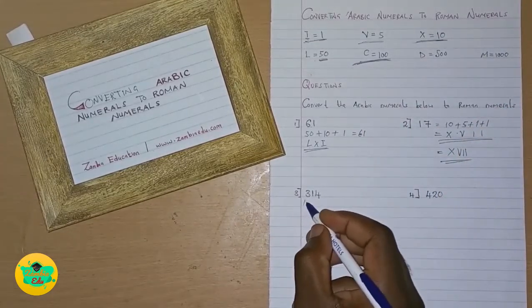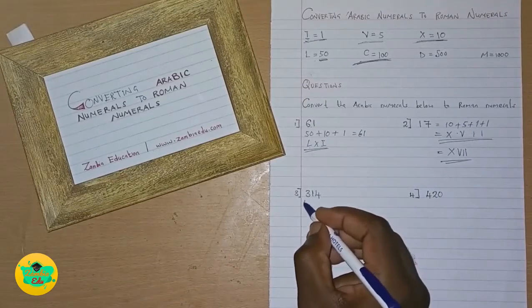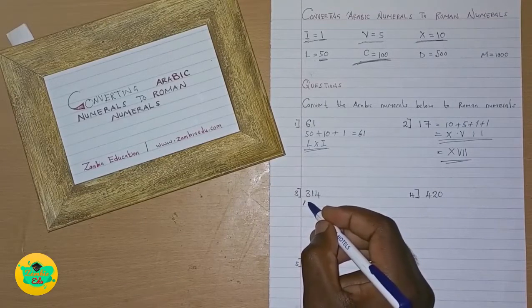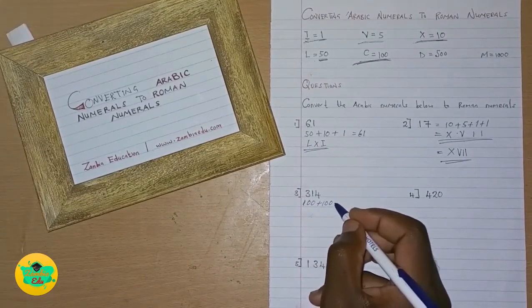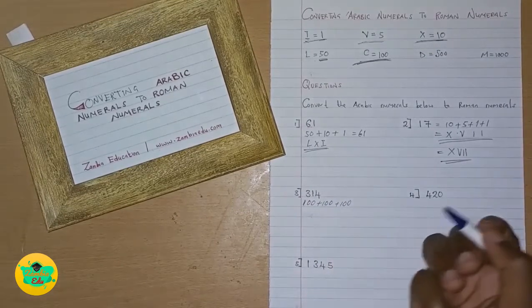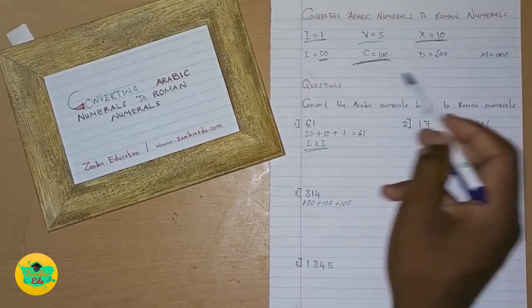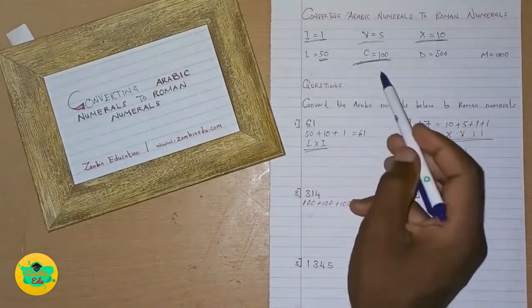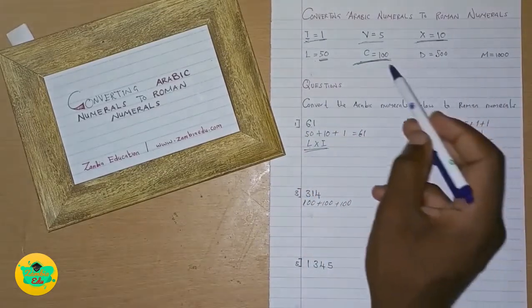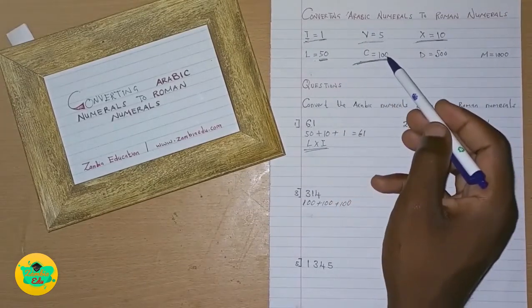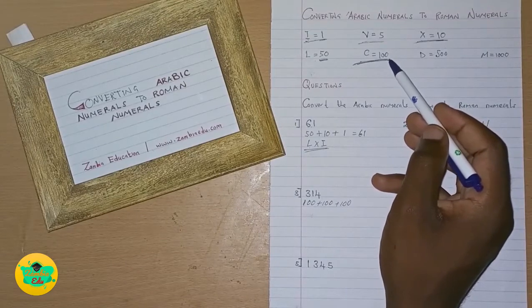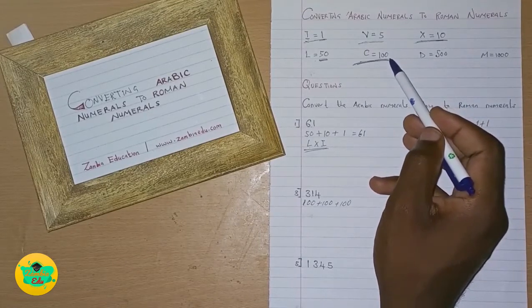So we can say maybe 100 plus 100 plus 100. Among the basic symbols, we don't have a 300. So we have to come up with a 300 using any of these. And the easiest we can use to come up with a 300 is the C, which is 100.